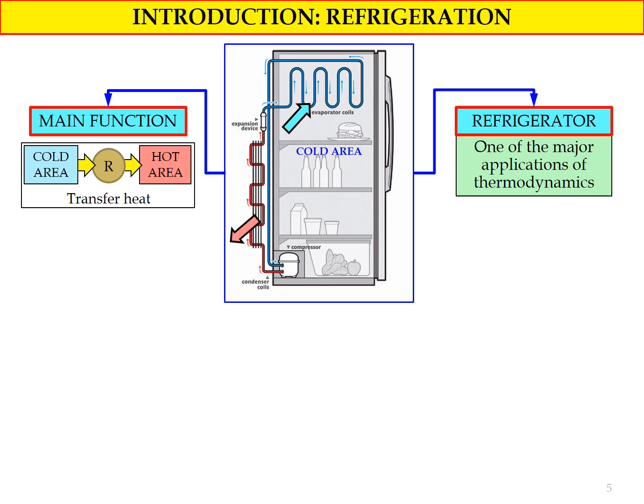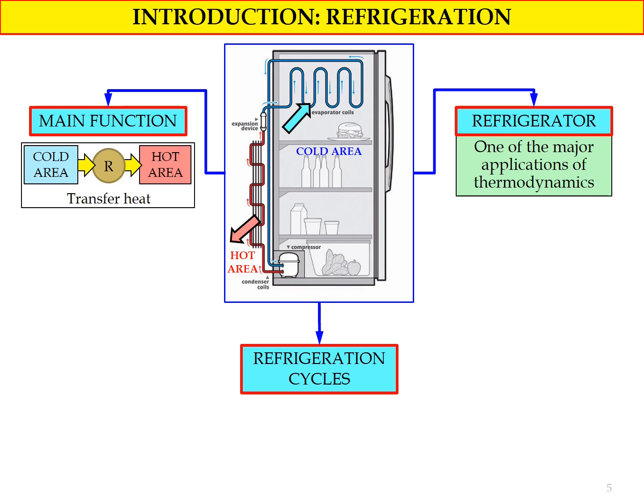And then the refrigerant inside the refrigeration system will transfer heat to the surroundings through the condenser coil, as shown in the figure. So the surrounding we consider as the hot area.